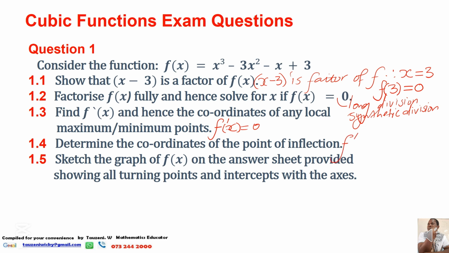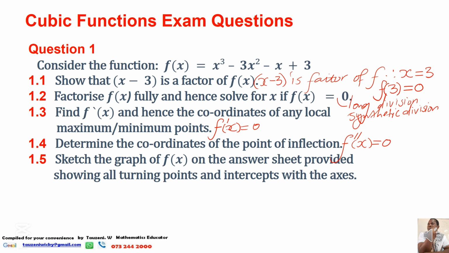At the point of inflection, the second derivative is always equal to 0. So what we do here is that we differentiate the equation twice to get the second derivative. Then we equate the second derivative to 0 and solve for x. That will give us the x coordinate of the point of inflection of the function.